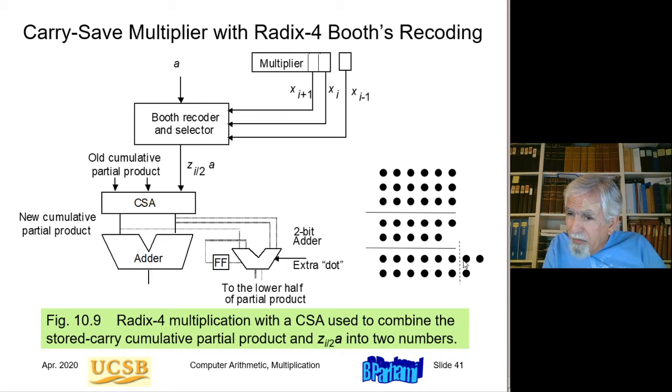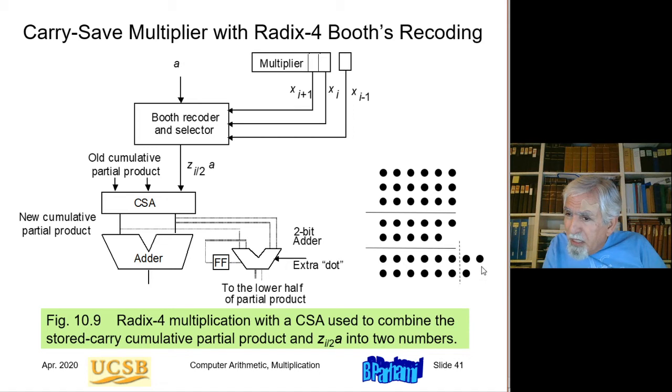And the carry, I keep in this flip-flop. That carry is worth 4 units, since I'm adding two 2-bit numbers. The carry out of this position is worth 4 units. So I will incorporate it in the next radix 4 cycle. Unfortunately, in the next radix 4 cycle, there is an empty position here that is unused.